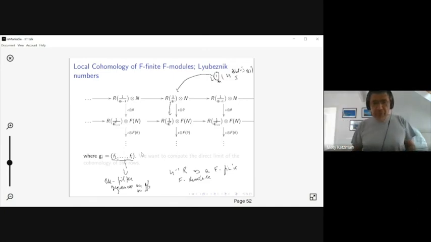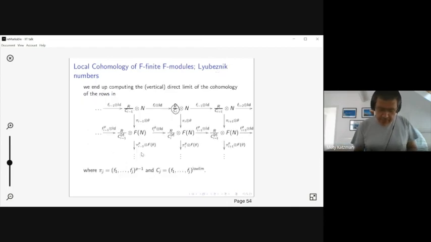And at this point, we say, but we understand everything here because we wrote this explicitly. This R modulo the sequence F1 up to Fi was the quotient of R by Ci, which is the Frobenius closure of F1 up to Fi, and we know how to go from here to there.